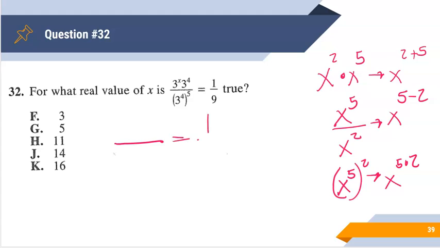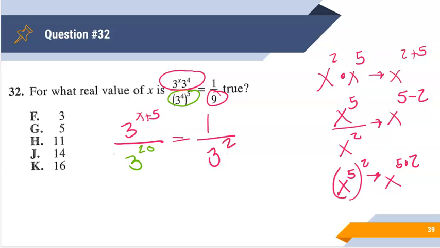Okay. So first, this numerator, we're multiplying, which means we would add the powers, x plus 5. The denominator is a power to a power, so we would multiply the powers. Now I happen to see 3 as a base of those exponents. I do think that 9 could be written as 3 to the second.